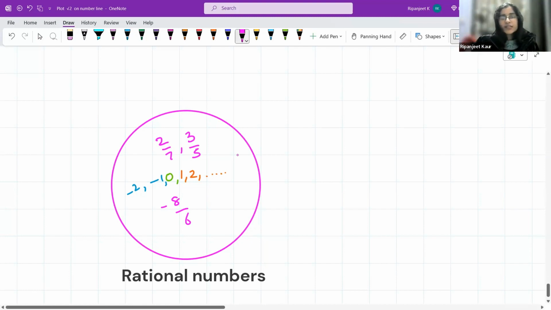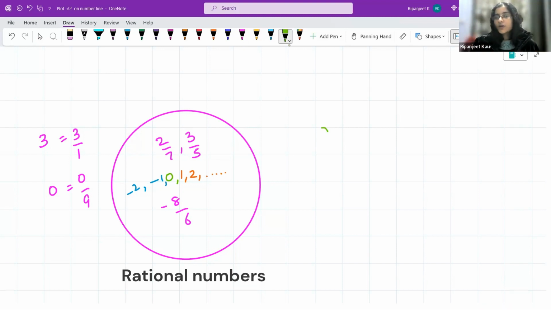If I say 3 is a rational number, how? Can we write 3 is equal to 3/1? Isn't it rational? Is 0 a rational number? Can we say 0/9? Isn't it rational? So all of these, whole numbers, natural numbers, integers, come under rational numbers, right?